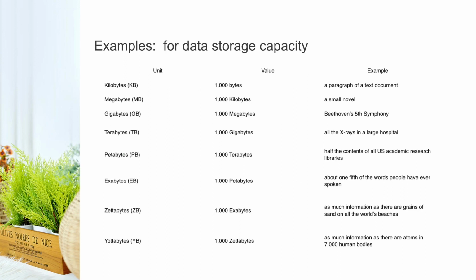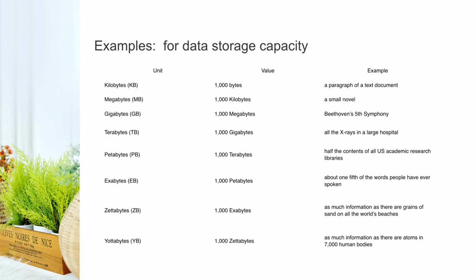This table is kept just for your reference, no need to study it as such. For example, a kilobyte means 1000 bytes. We can store a paragraph of a text document using this storage capability. A megabyte means 1000 kilobytes. If we want to store more than a paragraph of text, we can go for megabyte capacity.